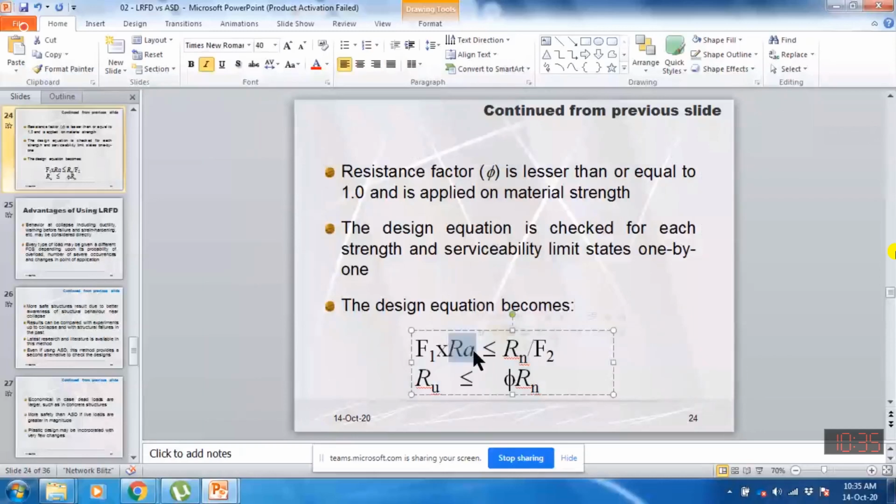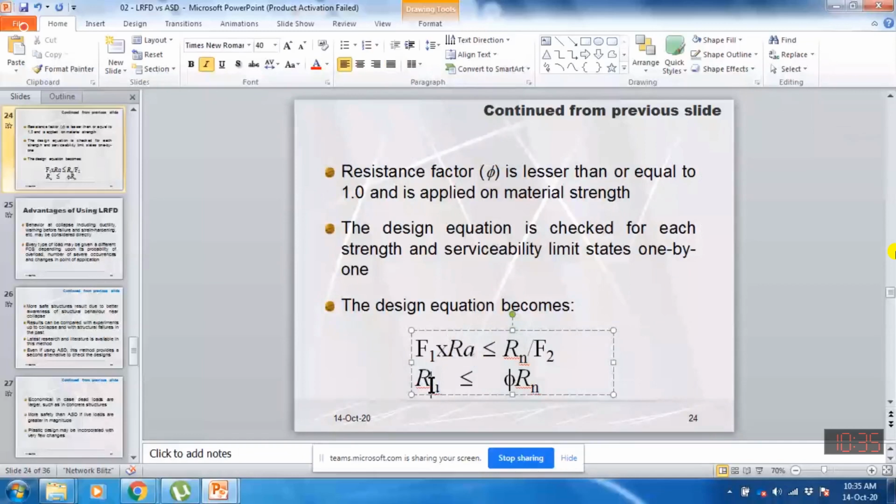When service loads, dead or live, are multiplied with a factor of safety, they are called factored loads, and we represent the factored load with a subscript U. And Rn is the nominal moment carrying capacity, meaning without any strength reduction factor.